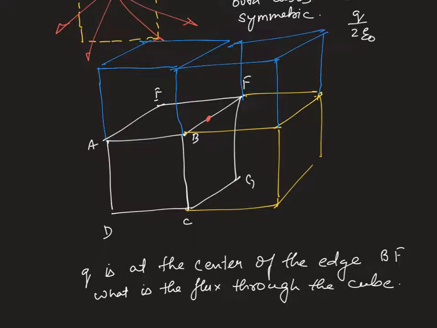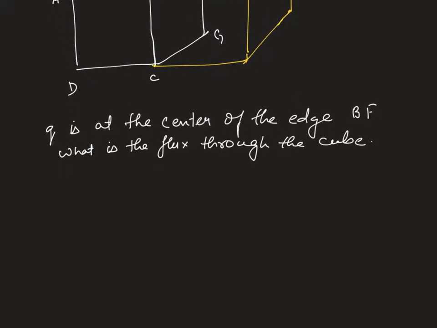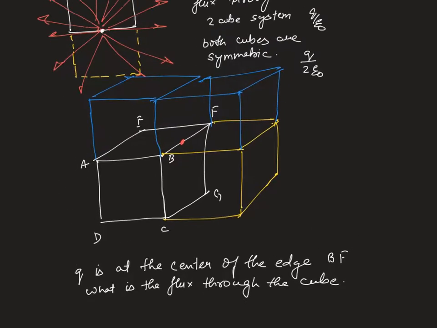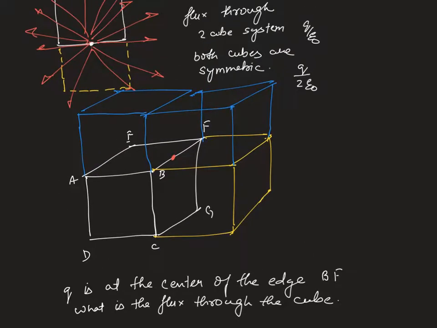Now we see that our charge is completely and symmetrically covered by 4 cubes. So if you draw a 2-dimensional diagram, okay, let's come back to this diagram. In order to cover this charge symmetrically, you need 4 cubes.